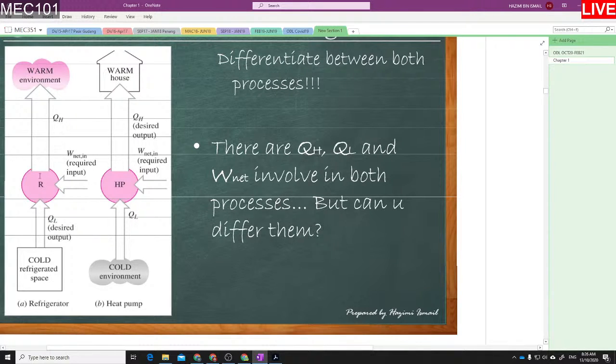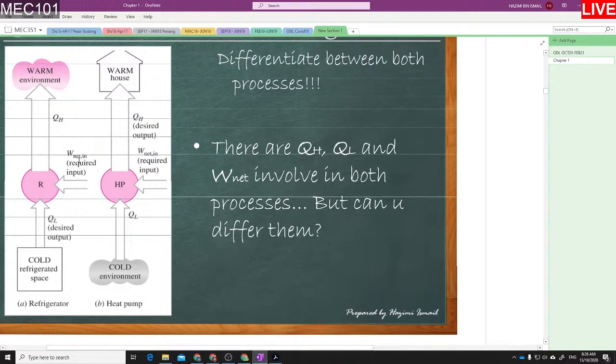Okay, the same as refrigeration and heat pump. If we don't give the system the work net required, the process will go back to the natural process, which is heat transfer from high temperature to low temperature. If you put in work energy, then you reverse the direction: heat is transferred from the cold refrigerated space, from the low temperature region to the high temperature region.